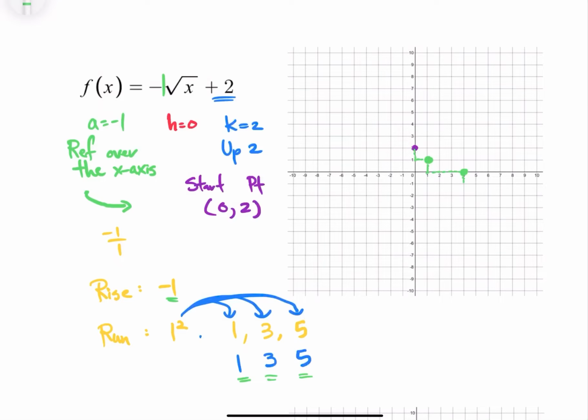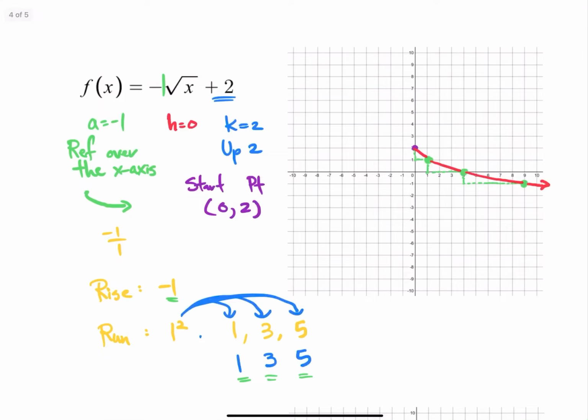So down 1, over 5. 1, 2, 3, 4, 5. Here's our next point. And then we take our pencil and we'll just go ahead and connect these points. And again, it's flipped upside down because our a value is negative. It's not being stretched vertically, so it's the same size, just negative. So it's being flipped upside down.